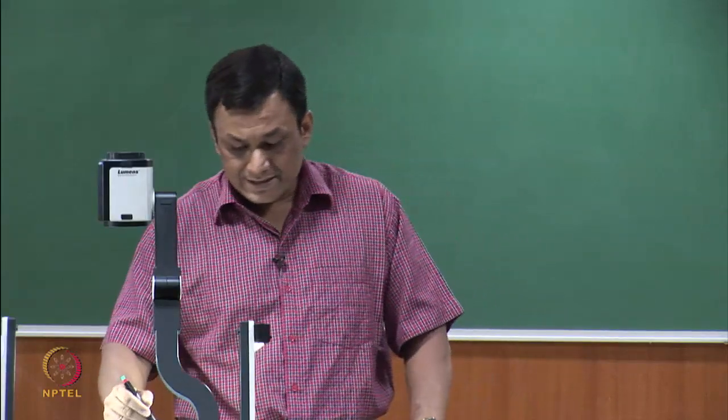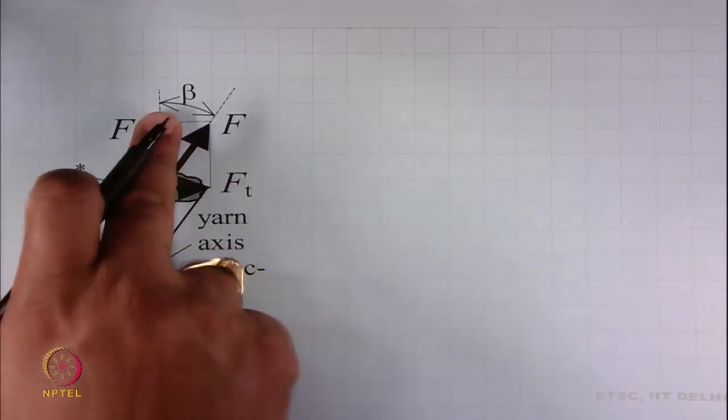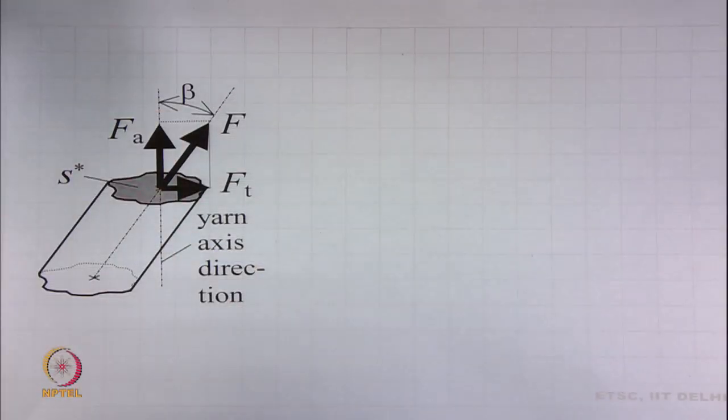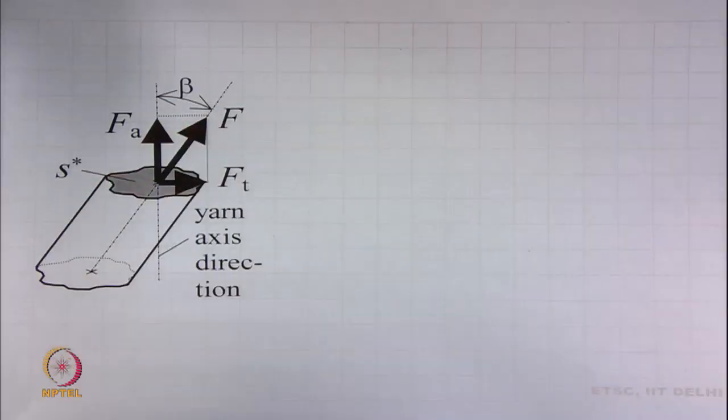So, if this is the yarn axis, let us think of a fiber which is inclined at an angle beta. Along the axis of the fiber, force F is acting.